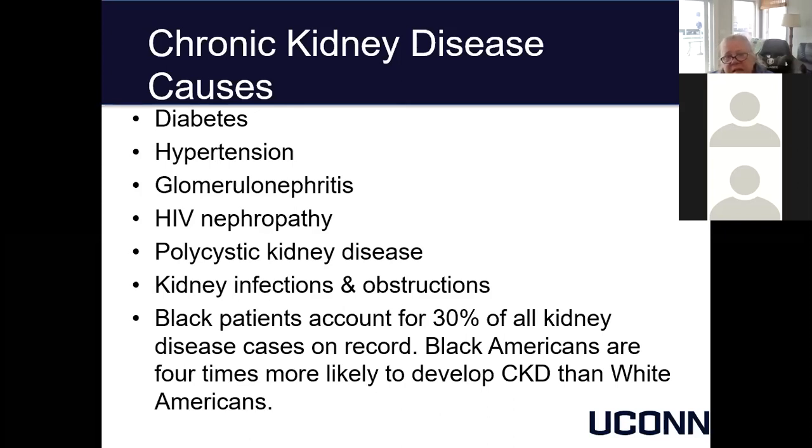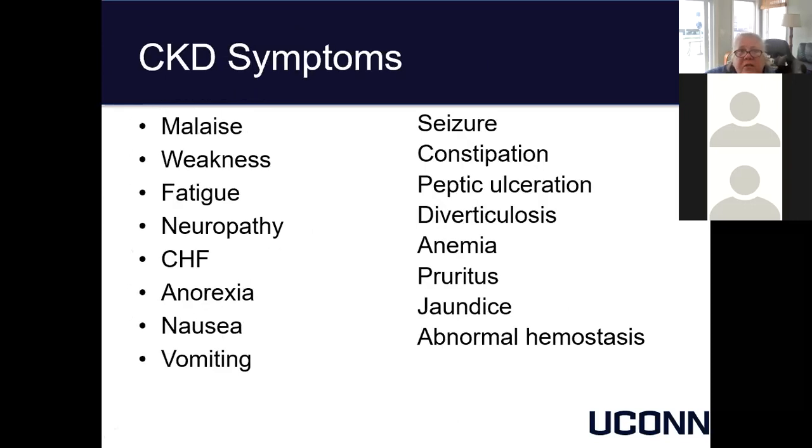And the incidence of chronic kidney disease in our Black population compared to white Americans is almost 4 times that. And a lot of that has to do with diabetes and hypertension and all of the other access issues that come with racial discrimination as well.